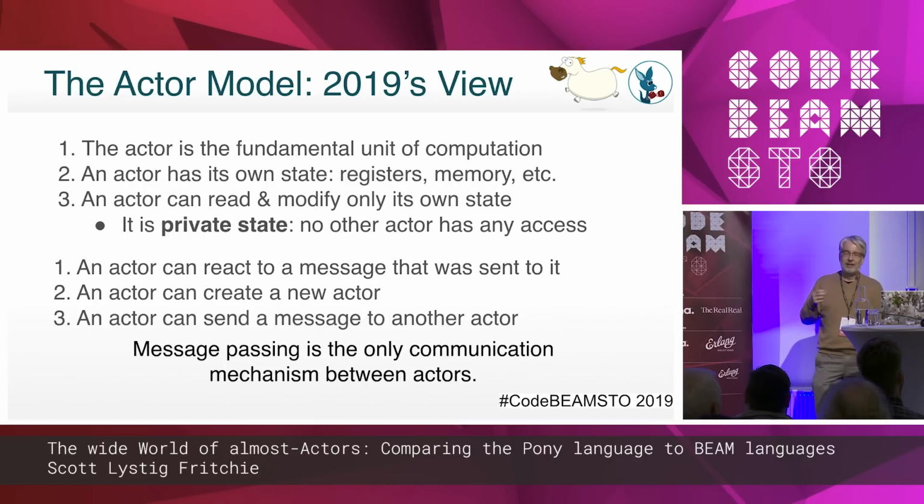So with Beam, if you use the spawn BIF, you're told what the PID is, but then it's up to you to share that PID with someone else. And so then the third thing is message passing. You can send a message to another actor, and that message passing is the one and only communications mechanism between actors.